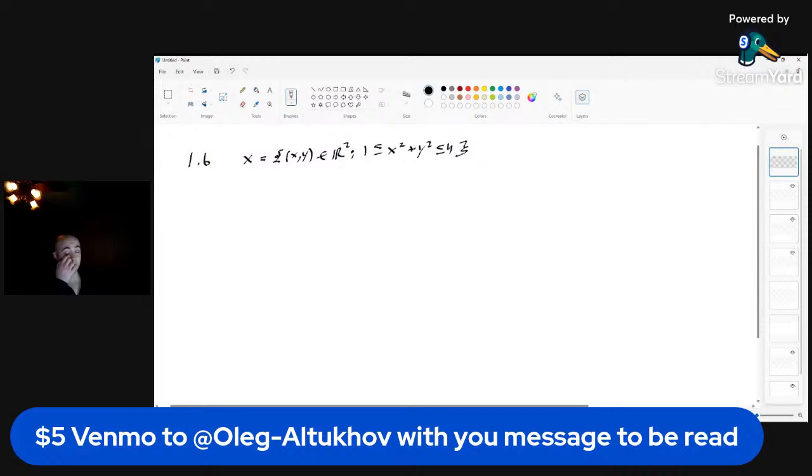So right away, you recognize the unit circle. That's important. So we have the set X, where the ordered pair X and Y are members of R2 space, such that 1 is less than or equal to X squared plus Y squared.